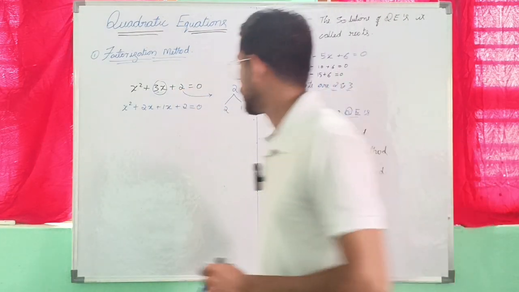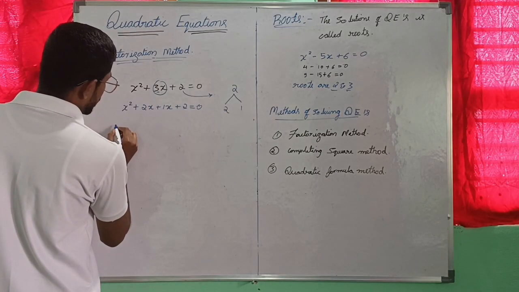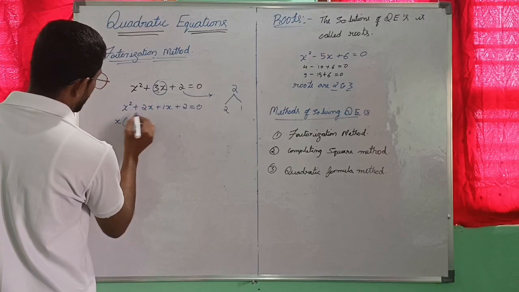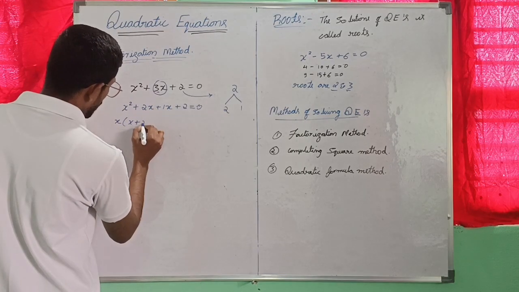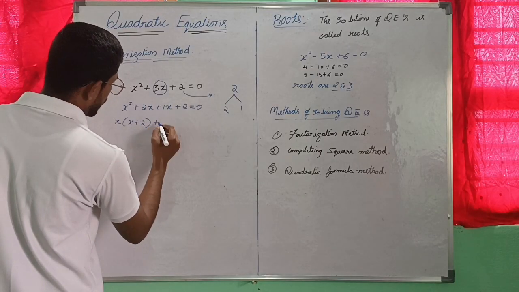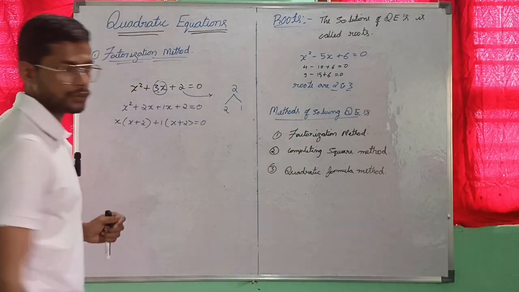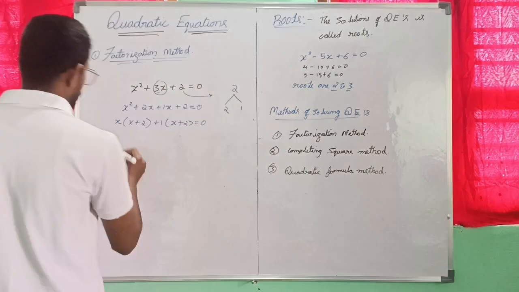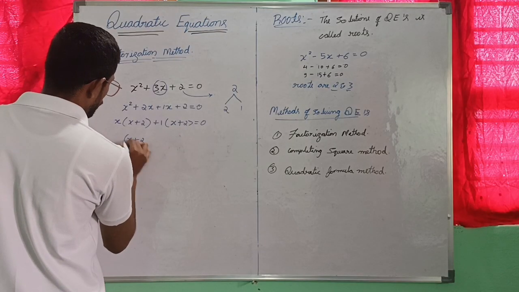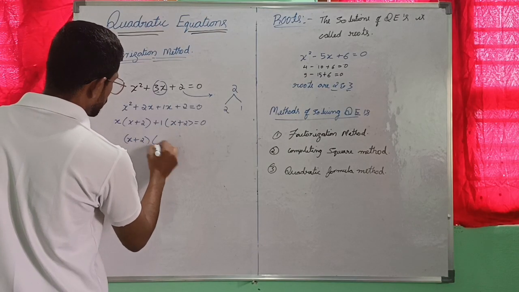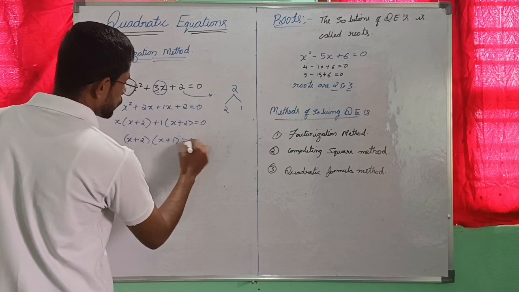When I take 2x common here, I take x common, it will become x plus 2, and when I take 1 common here, it will become x plus 2 is equal to 0. Now when we take x plus 2 common, we get x plus 2 into x plus 1 is equal to 0.